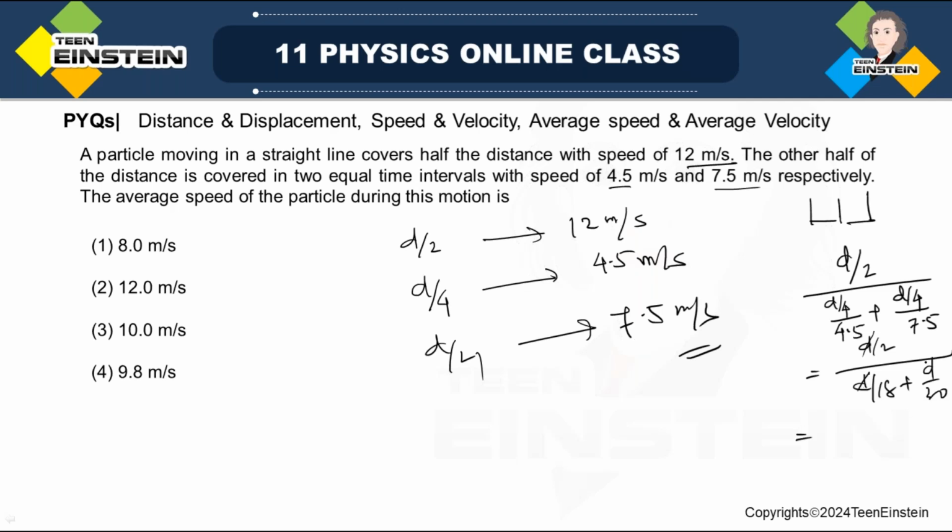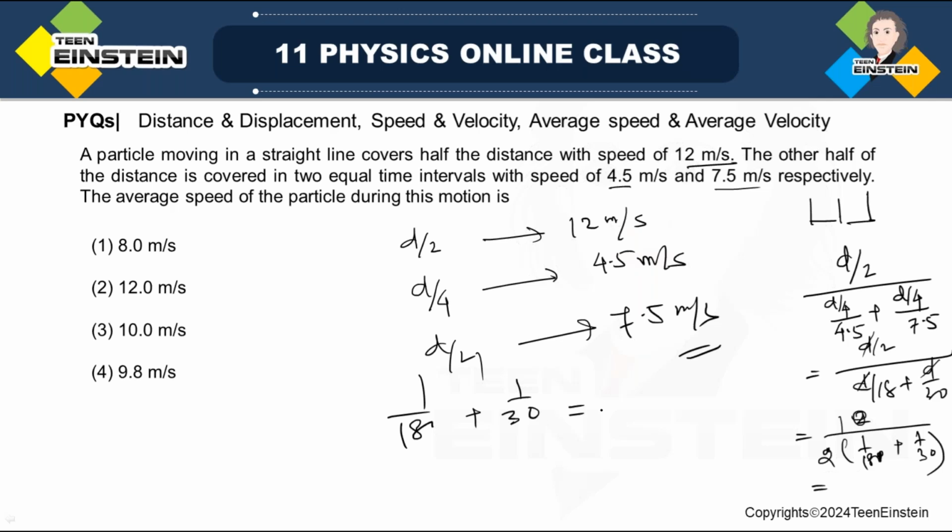So this d will cancel each other. Okay, so this is 1 over 2 into 180, 18 plus this. Okay, that was 90. So you know this will be 18 plus 30.